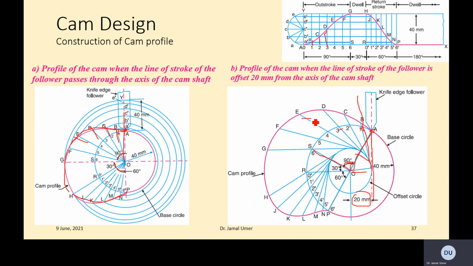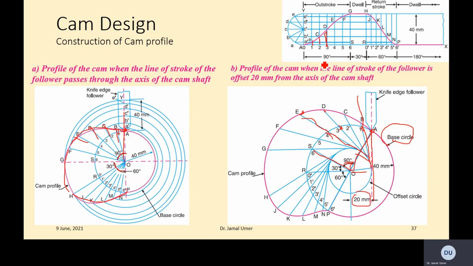For example, this fourth line, you extend beyond the base circle and tangent to the offset circle. Then it is just a matter of finding this distance 4D, for example, or 3D. This distance comes from over here, right?